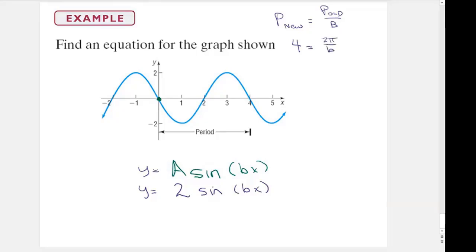And I'm trying to find b. So I can multiply both sides by b and divide both sides by 4, right? Yes. So now I know that b is equal to pi over 2. I have y equals 2 sine of pi over 2 x.